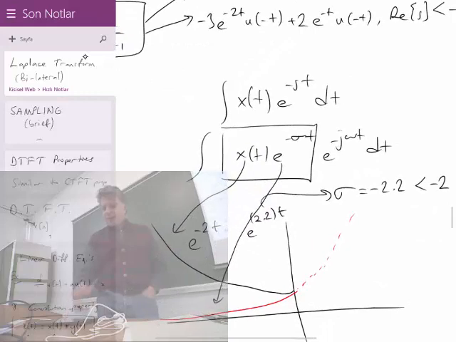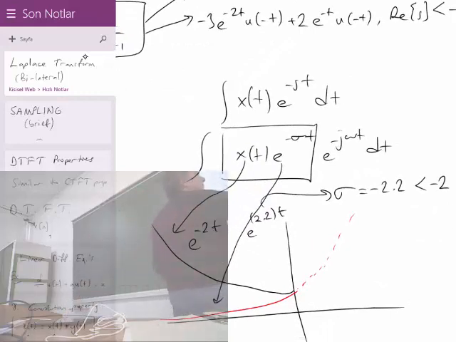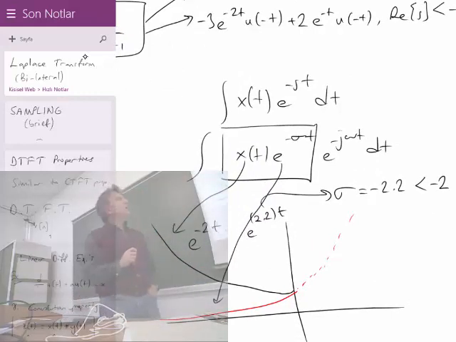And that is why the Laplace transform converges. But since sigma equal to minus 2.2 or minus 3, etc., does not include sigma equal to 0, without proper choice of sigma we cannot evaluate the Fourier transform. The j omega axis is not included in the region of convergence, in other words.